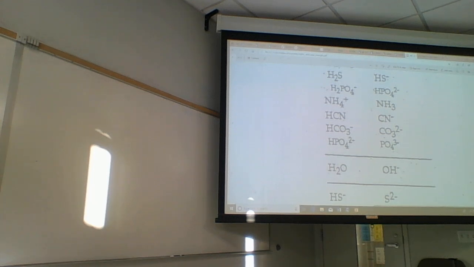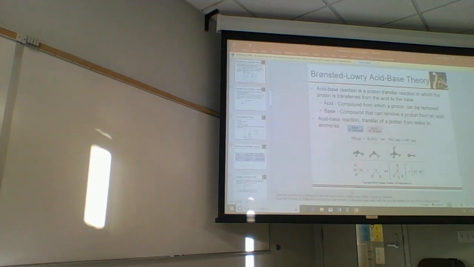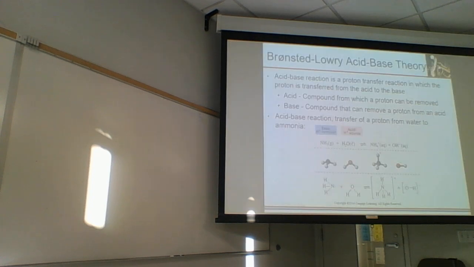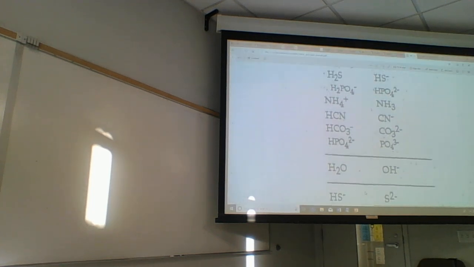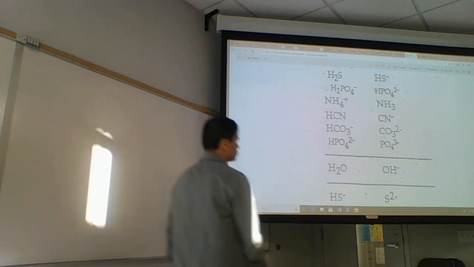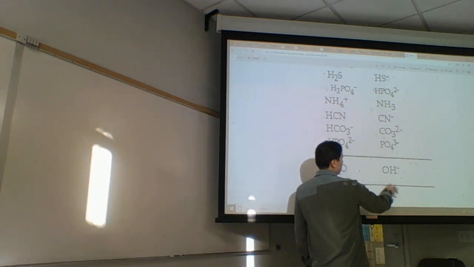Okay, then we can compare the bases. When we compare the bases, we're going to compare hydroxide and ammonia. The bases are on the same chart, but it's inverted, it's flipped. So the strong bases are down here, and it gets weaker going up.